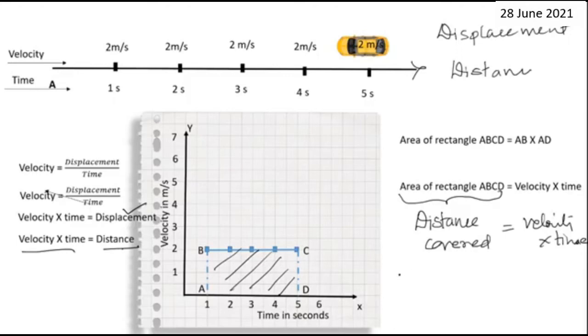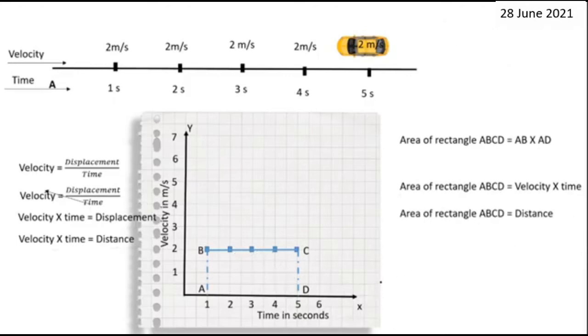And therefore what is our conclusion then? Our conclusion is, if you find the area of a velocity time graph, then you will get the distance, right? So if you take the area of this and you find out, okay, it need not always be a rectangle, it can be any shape.